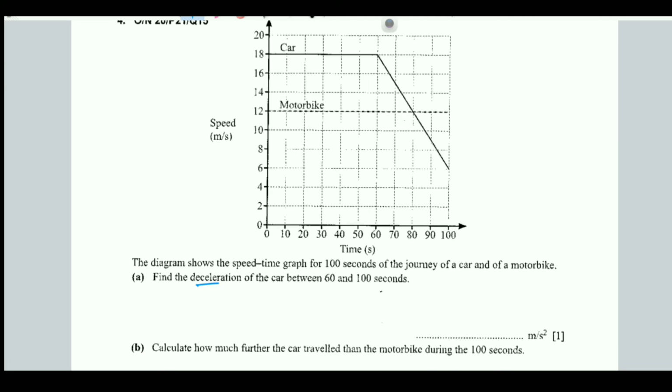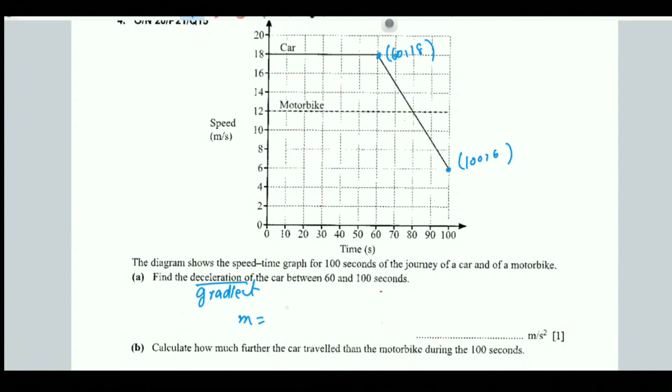Find the deceleration of the car. Deceleration here actually means gradient. So between 60 and 100 you have to find the gradient of this deceleration. The coordinates of these points are 60 and 18, and these are 100 and 6.